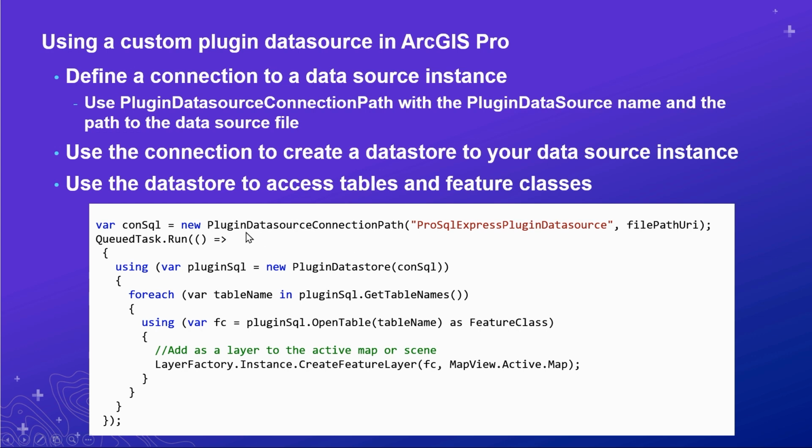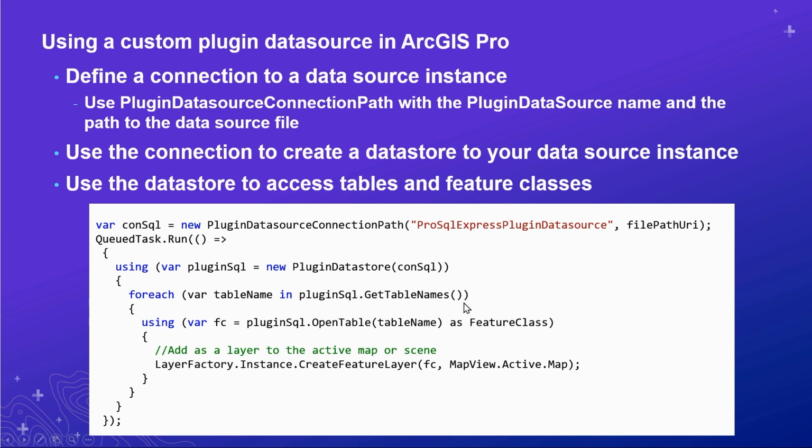So first, I have my data source connection path here. It needs two items. Number one is the name of my plugin data source, and number two is a path to my data source connection file or to my data source file, depending on what I'm looking at. Now, once I have the connection, I can now create an instance of a data store using new plugin data store, passing in the connection. And then using that instance of the data store, I can retrieve all table names.